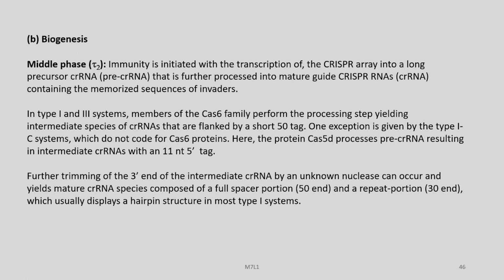In type 1 and 3 systems, members of the Cas6 family perform the processing step, yielding intermediate species of crRNAs that are flanked by a short 5' tag. One exception is the type 1C system, which does not code for Cas6 proteins. Here the protein Cas5d processes pre-CRISPR RNA, resulting in intermediate CRISPR RNAs with an 11 nucleotide 5' tag.